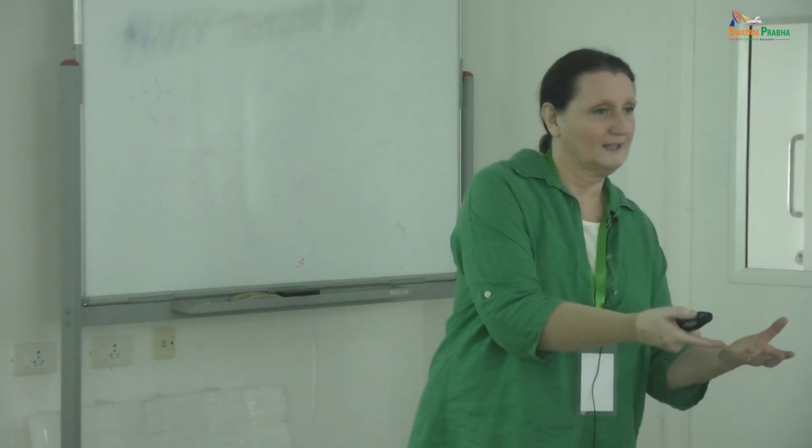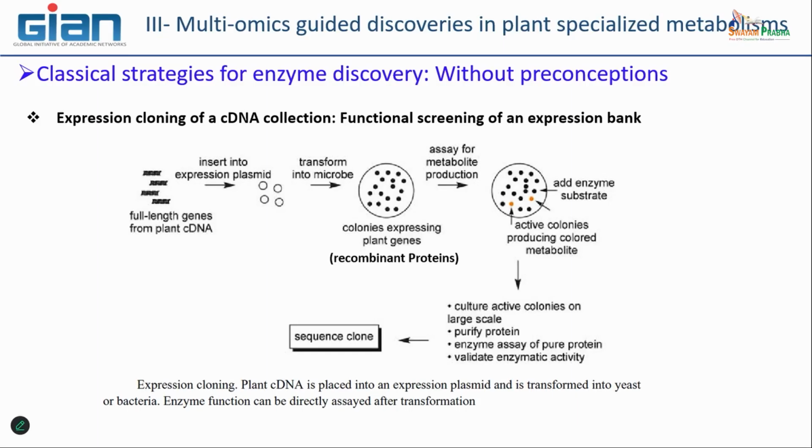It means that the enzyme they express is able to convert the precursor you have given to the cells into the final product you are waiting for. So these enzymes expressed in this colony are probably enzymes involved in the metabolic pathway of carotenoids.